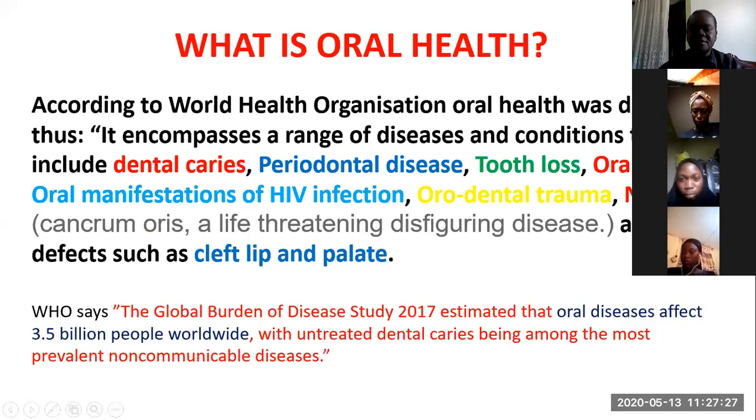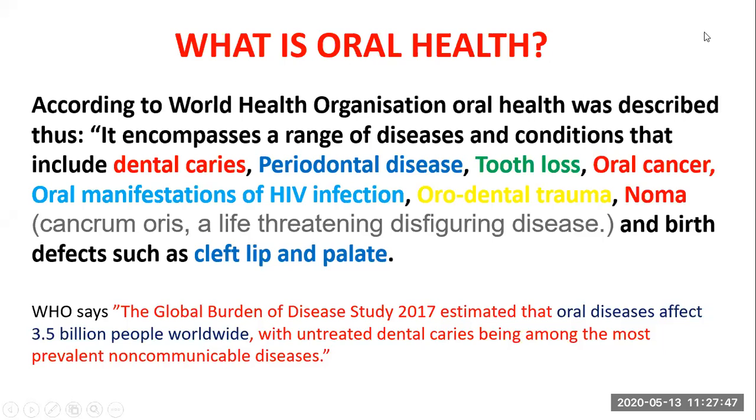What is oral health? I think it's important we know this. Oral health disease, according to World Health Organization, encompasses a range of diseases and conditions that include dental caries, periodontal disease, tooth loss, oral cancer, oral manifestation of HIV, orodental trauma, NOMA.